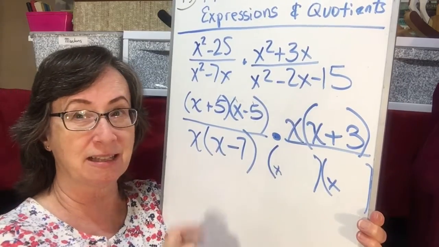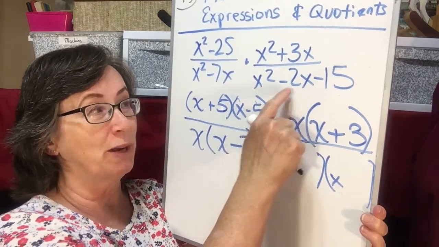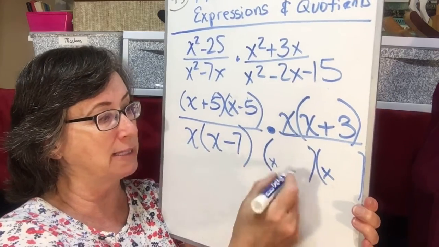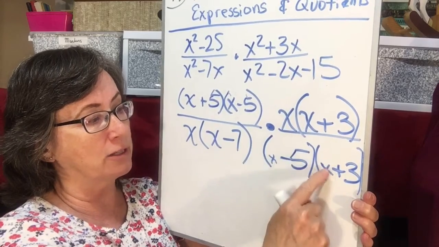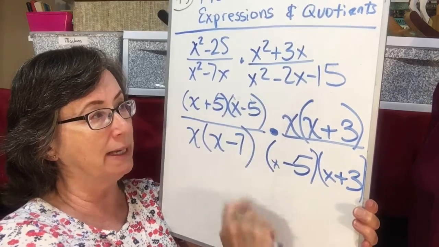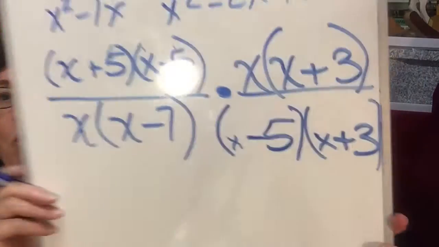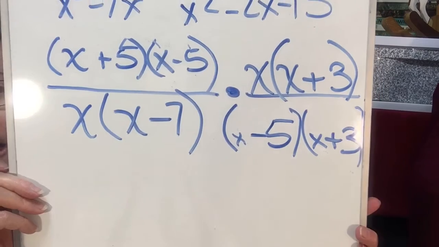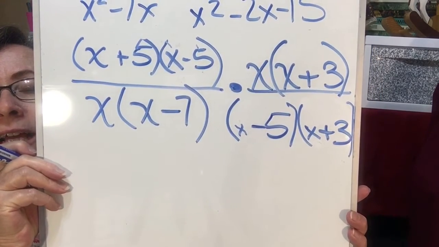Because that's opposite signs, we're looking for a difference. 5 minus 3 is 2. So don't I want the 5 to be negative and the 3 to be positive? So minus 5 plus 3, x squared minus 5x plus 3x is negative 2x minus 15, and it works. Okay, so that was how we factored initially.